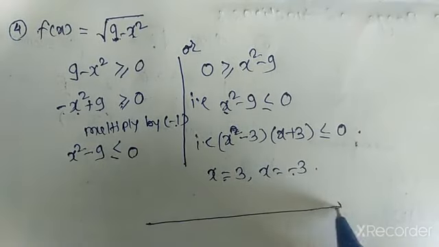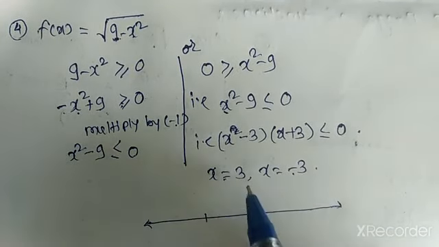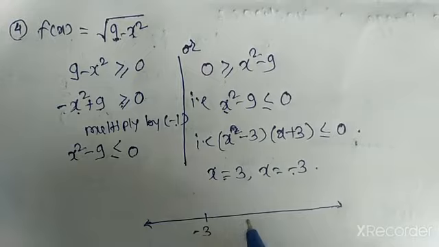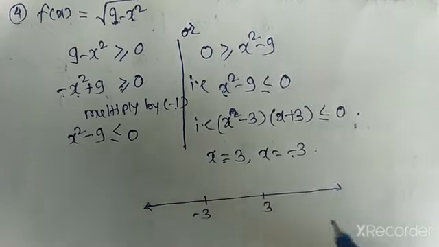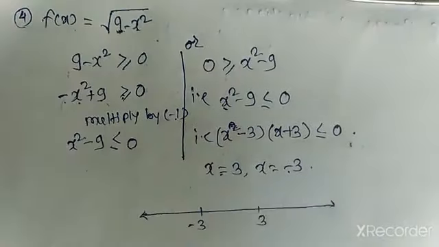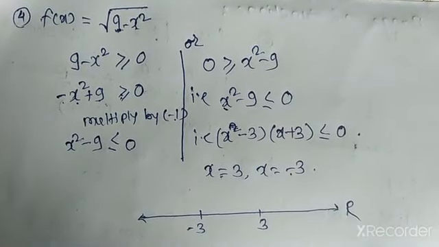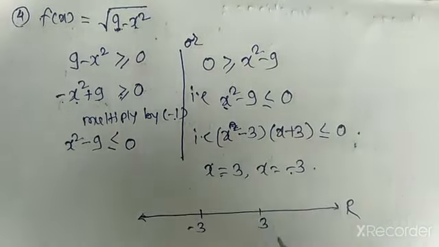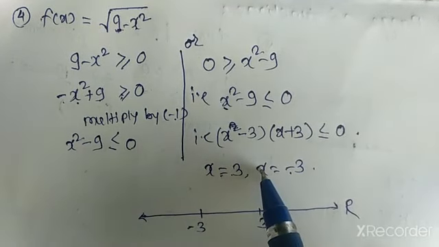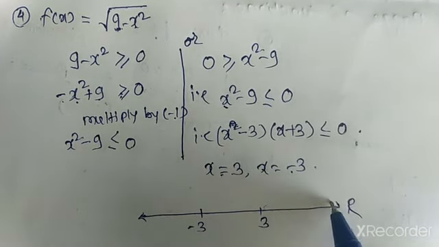Now we have to find the domain for these values of x. So if we draw a real line and plot the points minus 3 and 3, these are points on a real line. Now we have to find the domain set. To find the domain set for values of x, we have to check these intervals.